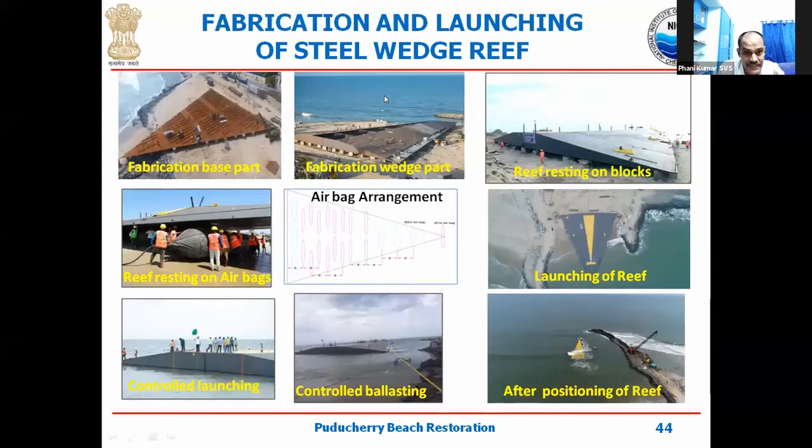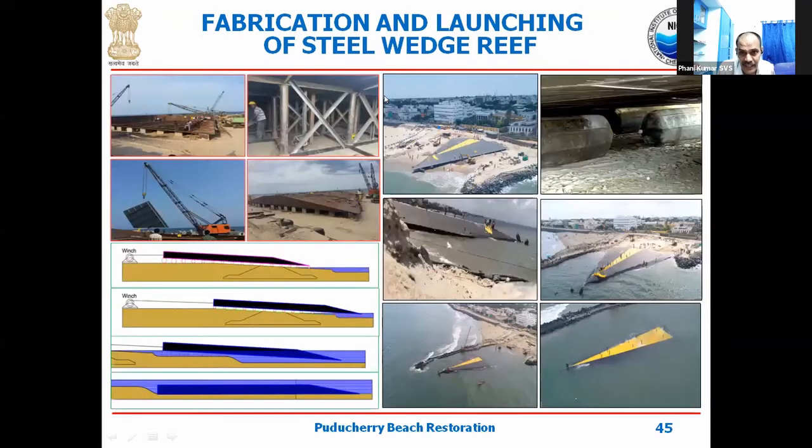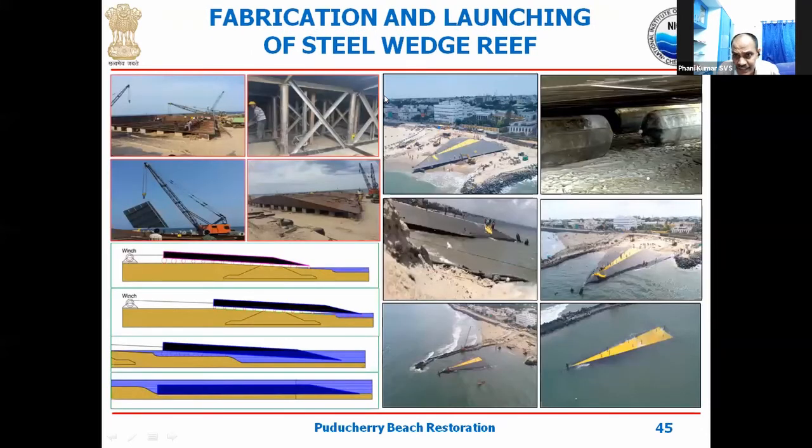So these are the views of the steel caisson, the steel wedge reef. Okay, next slide. We used airbags in such a way that initially the entire caisson is on concrete blocks. Then we inserted the airbags, filled the air inside, and removed the concrete blocks.